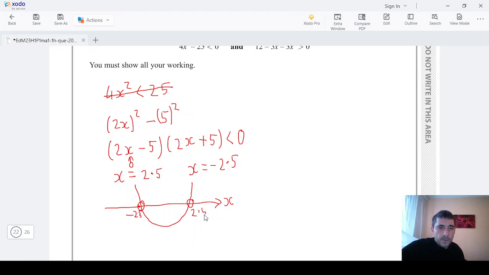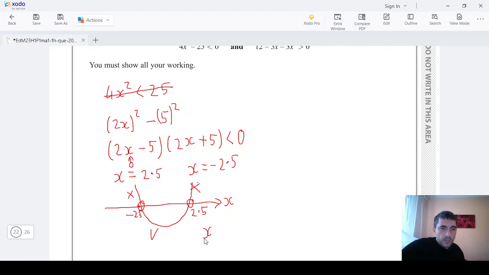So we can't use this region, as we can see the graph is above the x-axis. We can't use this region either. The only correct region is in between -2.5 and 2.5. So that's what we get from the first inequality.